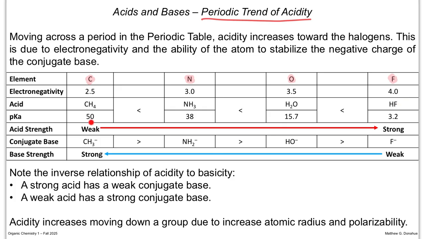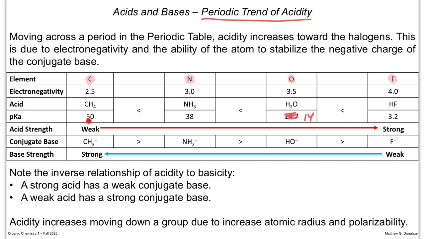Below it is the pKa value from that chart. So alkane 50, ammonia 38, water, I've got a mistake here, that should be 14. And then HF is 3.2.